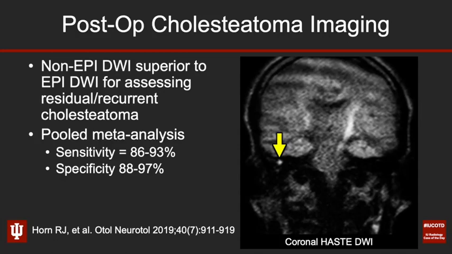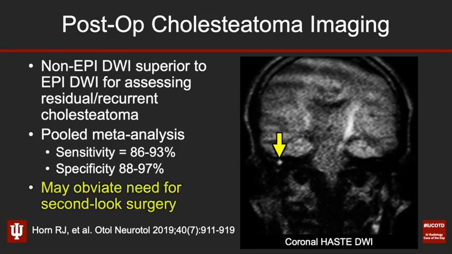Here you see this punctate area of restricted diffusion that corresponds with a small amount of residual or recurrent post-op cholesteatoma. So it's a little controversial, but multiple authors have suggested that these non-echoplanar diffusion preps are sensitive enough that they can obviate the need to do a second look surgery to make sure that the ear and temporal bone are completely cleared of cholesteatoma before doing an ossicular reconstruction.